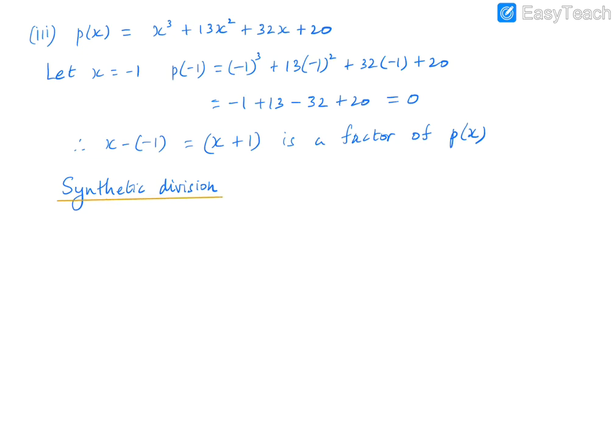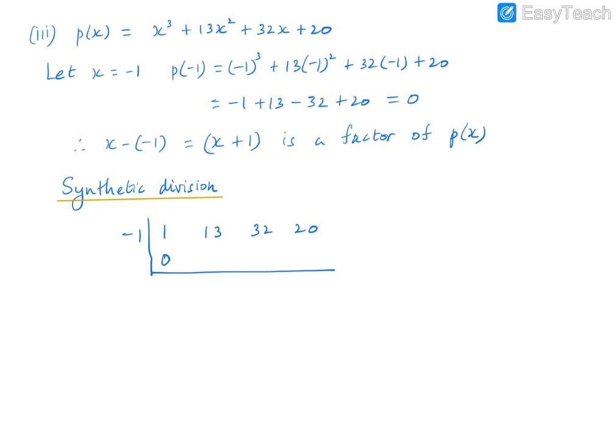Okay, so again, as usual, our synthetic division, we will take the coefficients of p of x. So the coefficients are 1, 13, 32, and 20. And we are going to divide this with our 0 that we have obtained, x equal to minus 1. So we'll put that minus 1 here.